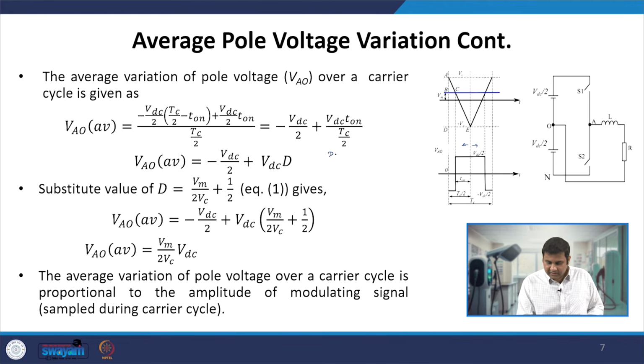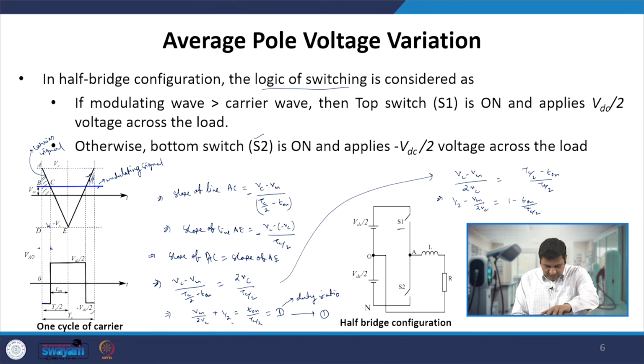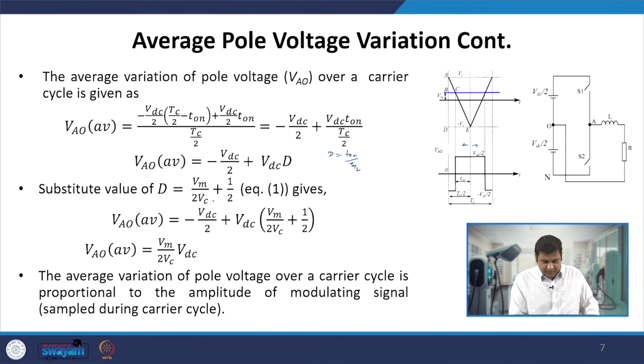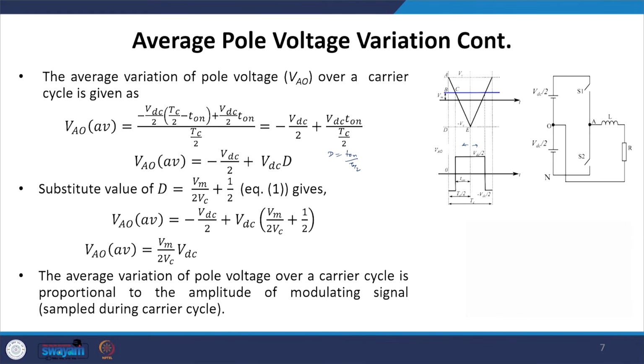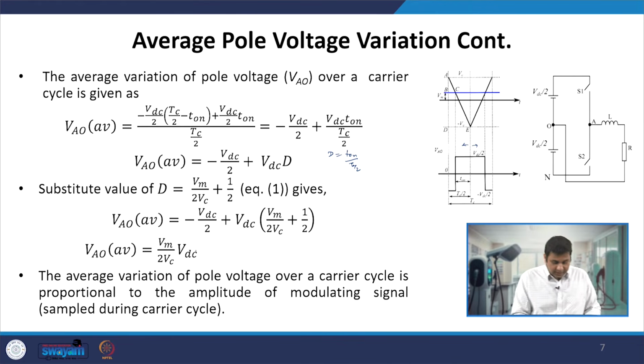Because D is nothing but T on by Tc by 2, and from the previous slide we will put this value of D, which is nothing but Vm by 2 Vc plus half, and when we open this bracket, finally we will get the average pole voltage variation, which is Va equal to Vm by 2 Vc times Vdc.